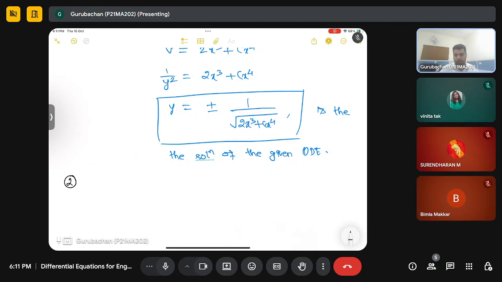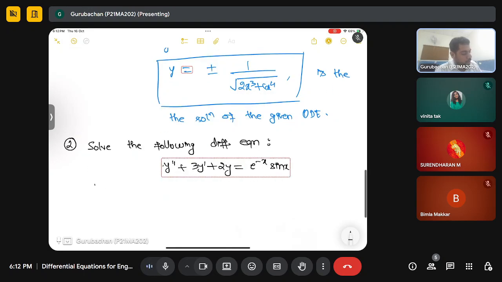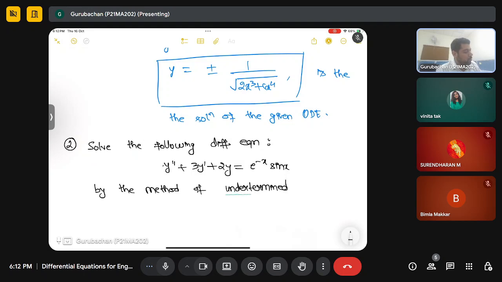Next is, solve the following differential equation: y'' + 3y' + 2y = e^(-x) sin x, by the method of undetermined coefficients as well as the variation of parameters.